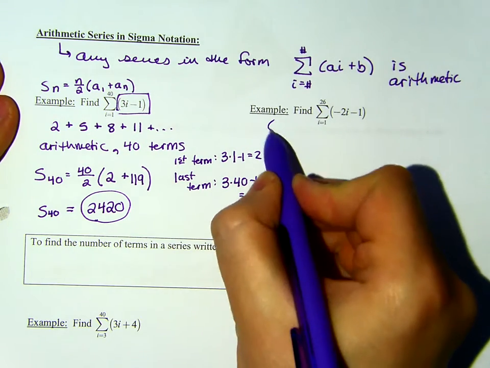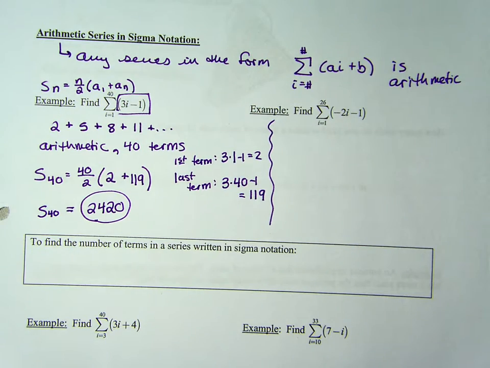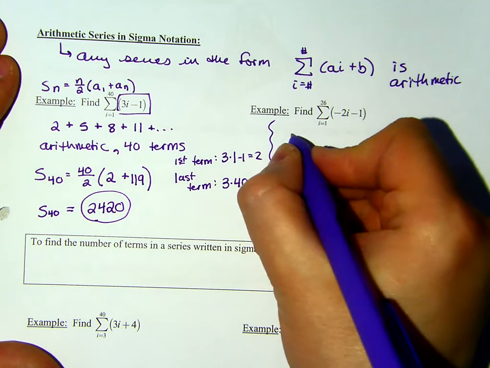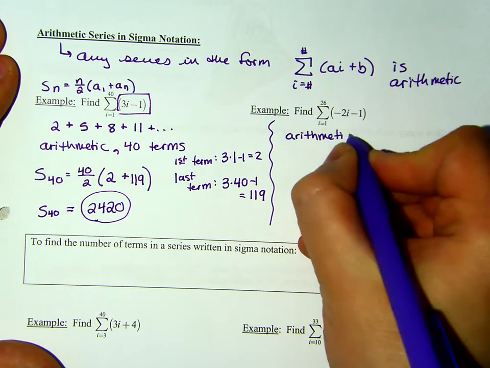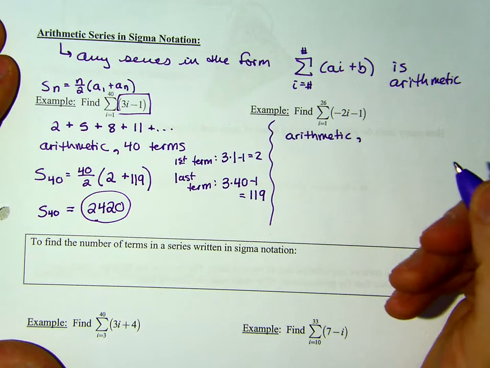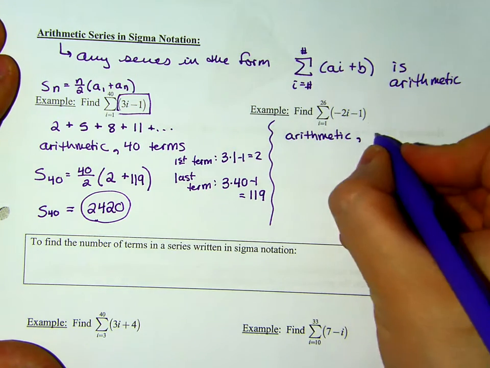I would like to see if you can do that second example on your own, and please do not go on to the bottom yet, because there is something a little different we have to deal with on the bottom. How many terms in that next example? Good. Keep going.